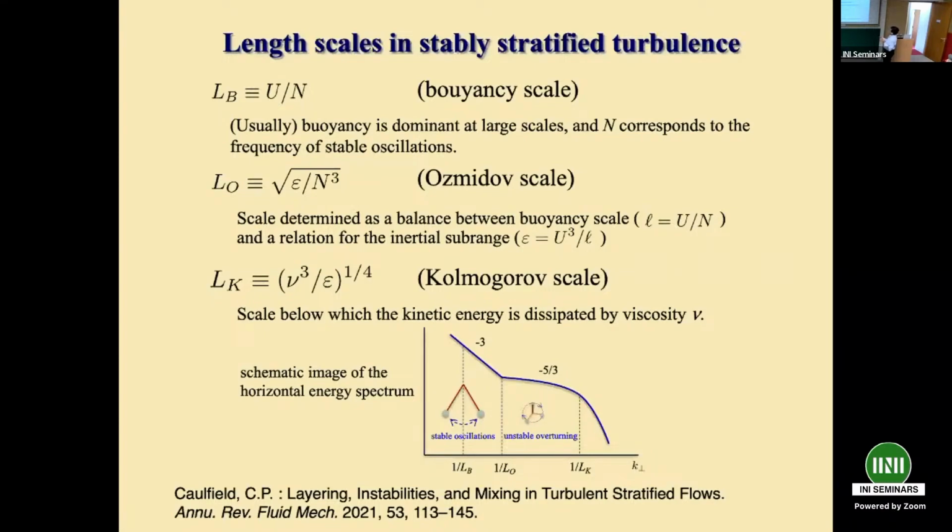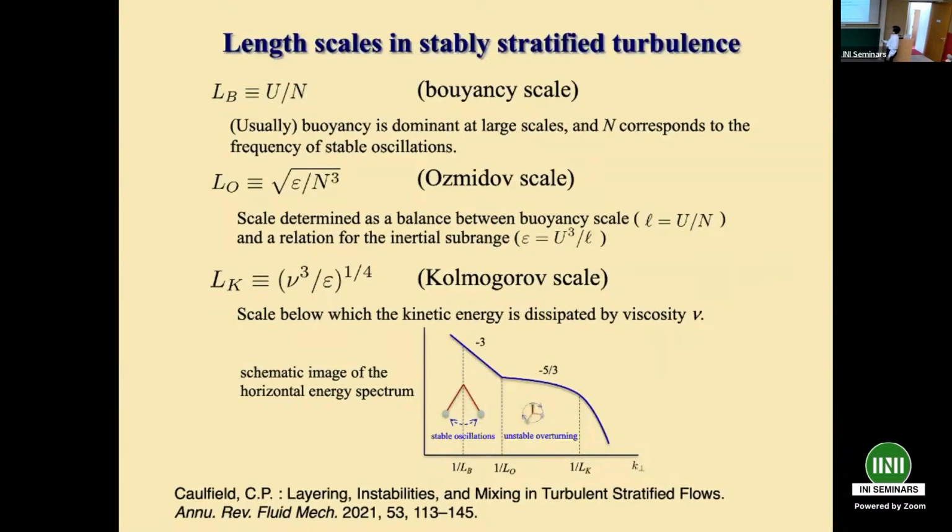One is the so-called buoyancy scale, LB, which is U, either the root mean square velocity or usually the horizontal velocity, divided by N. Buoyancy is usually dominant at large scales, and N corresponds to the frequency of stable oscillations. So the buoyancy scale is for large scale in stratified turbulence.